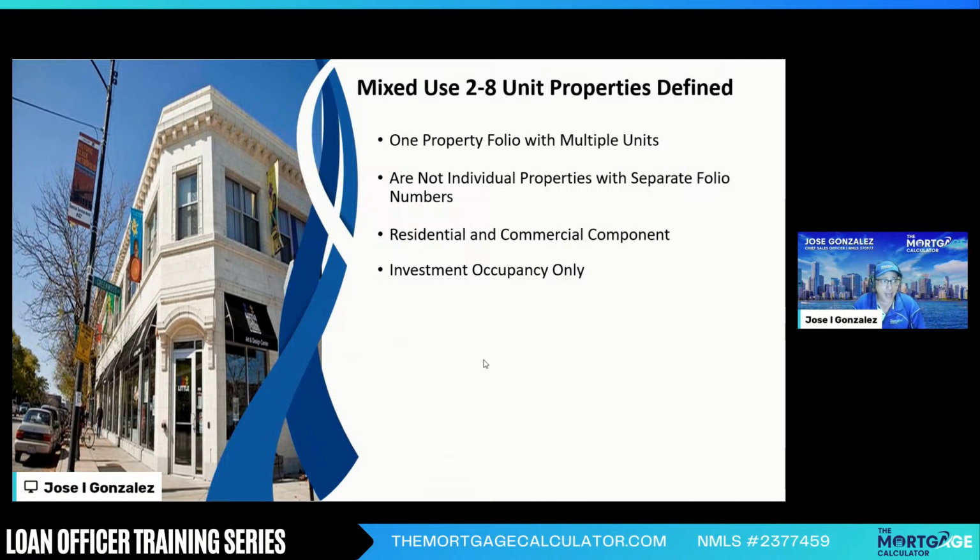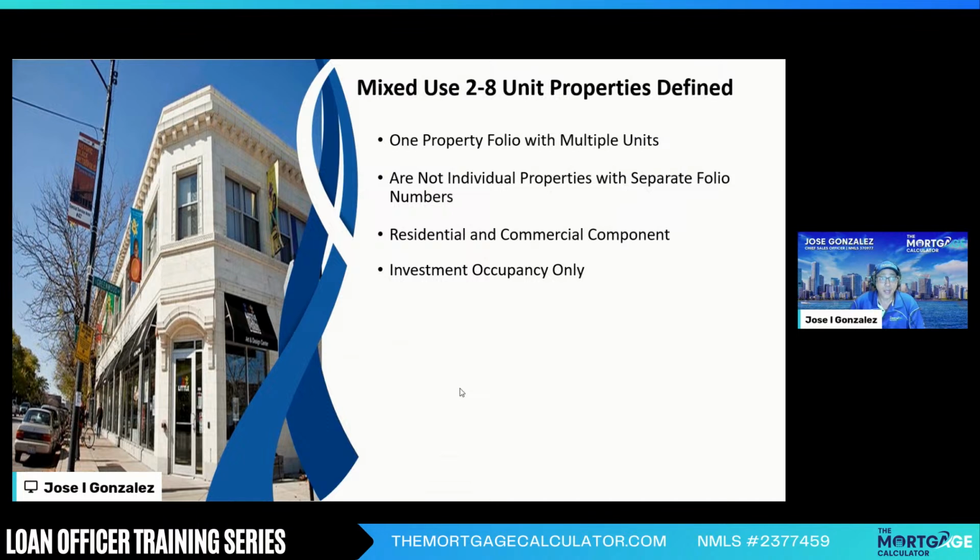For this hybrid product, you do have to have at least 50% of the usable, livable space be residential. If you have less than 50% of the space as residential, then it would not qualify for this program, which has amazing interest rates when compared to a regular commercial mixed-use property loan.